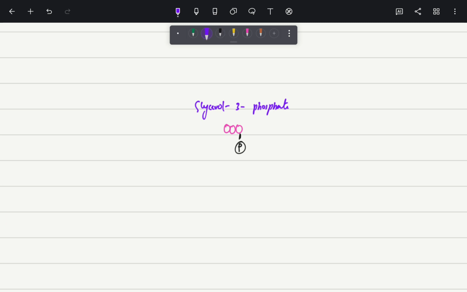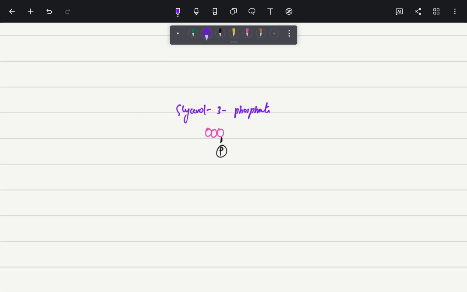Now, this glycerol 3 phosphate is usually formed via two pathways. One is your glycolysis pathway, and the other one is your triacylglycerol breakdown pathway, or we can simply say that there is lipolysis of your triacylglycerol.